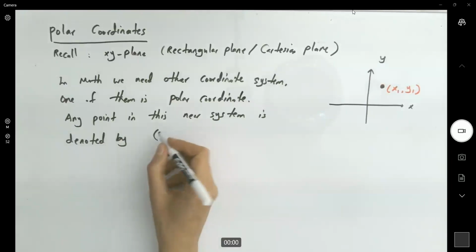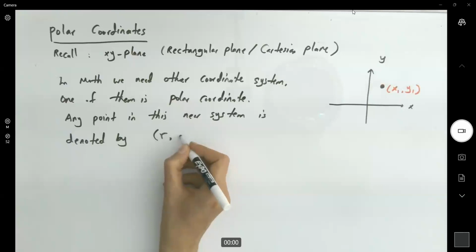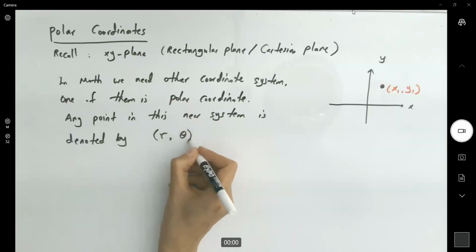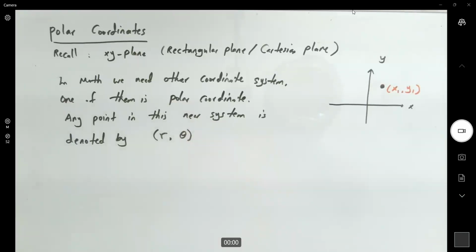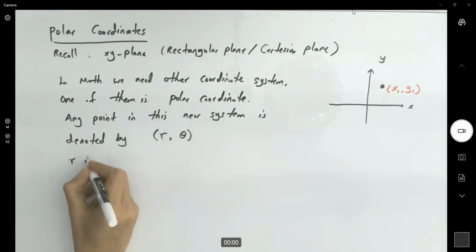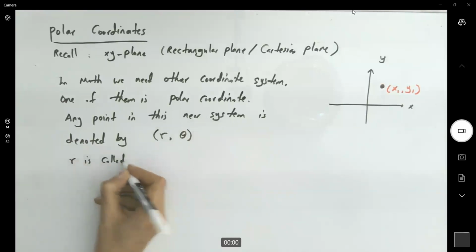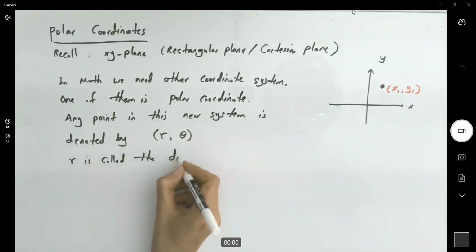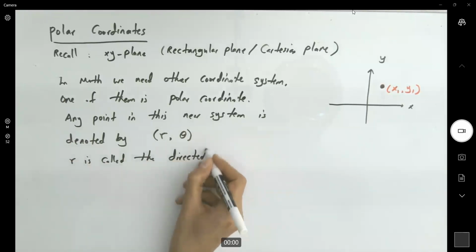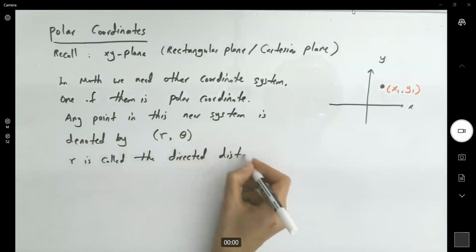The very first element is r, the second element is theta. What is r? R is called the directed distance.